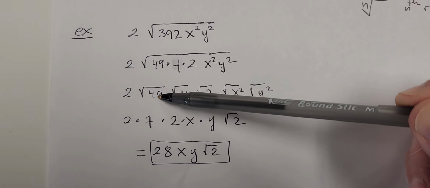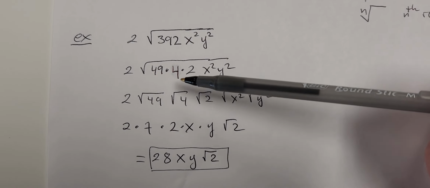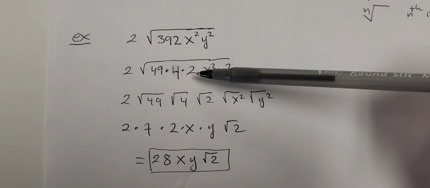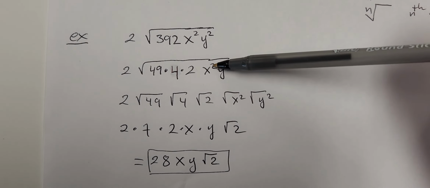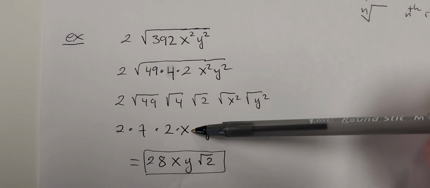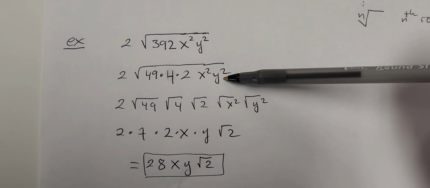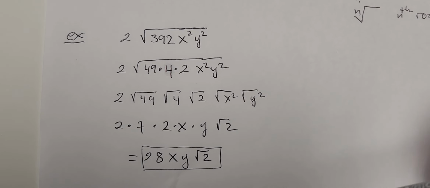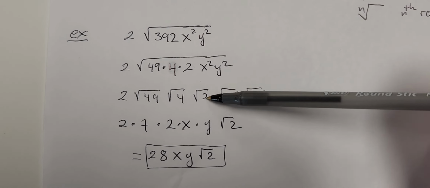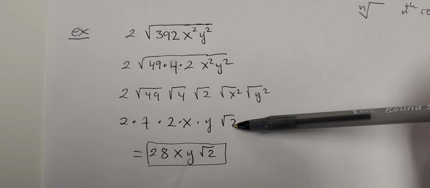So 49 is, 4 can be, 2 cannot be, so I leave it alone. This x squared can be square rooted, so I end up with just x. This y is also square rooted, so I just end up with y. Okay, and anything that cannot be square rooted, we leave it alone.